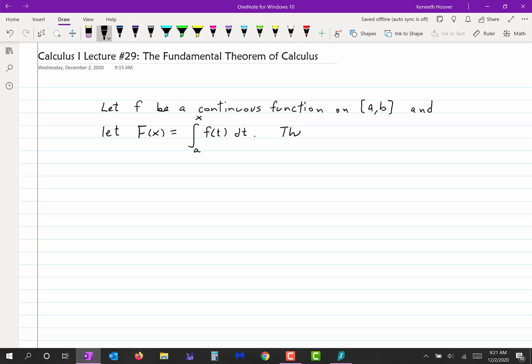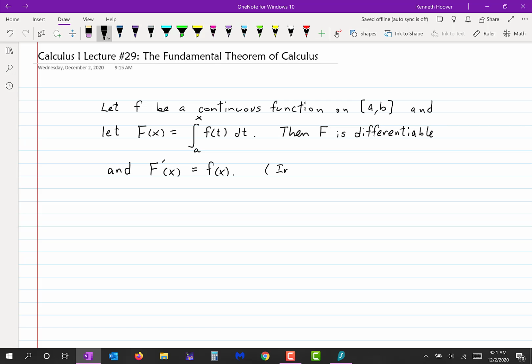Then capital F is differentiable and the derivative of capital F will equal lowercase f. Okay, so let me put it here.